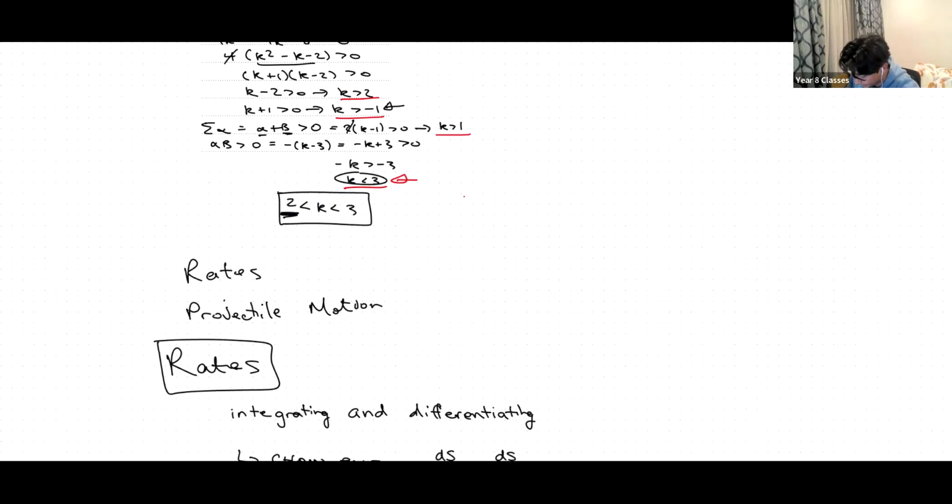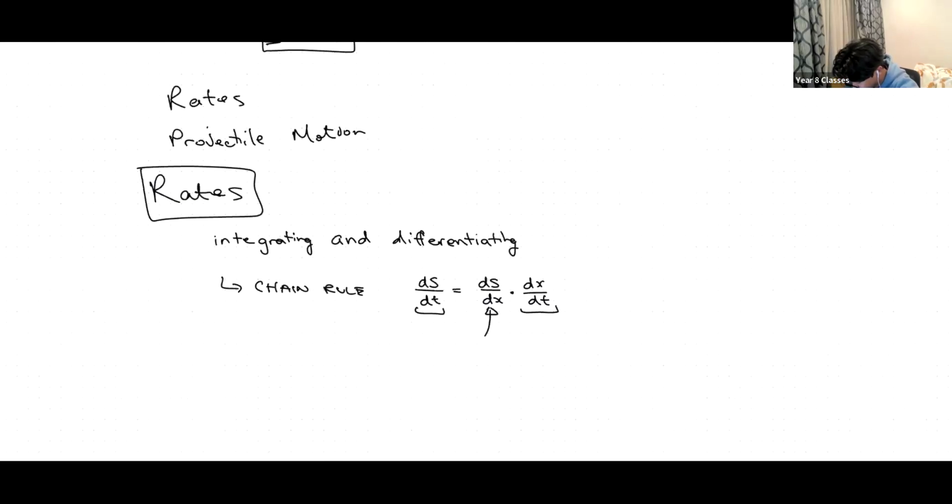You may not know what ds/dt is, but you could have s as a function of x, and this will probably be given to you. If I scroll down, this will probably be given, and this can probably be found. Then using that, you can find what you're actually looking for.